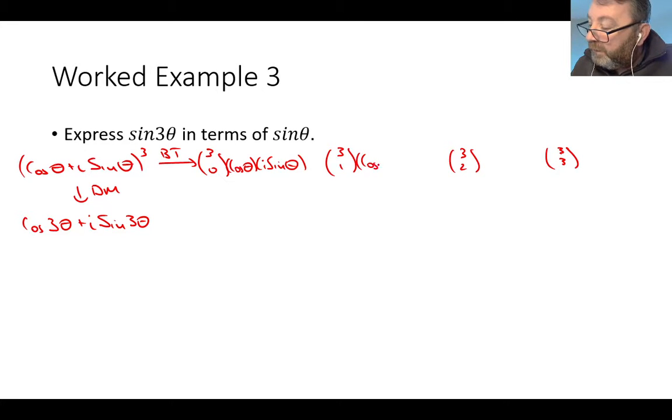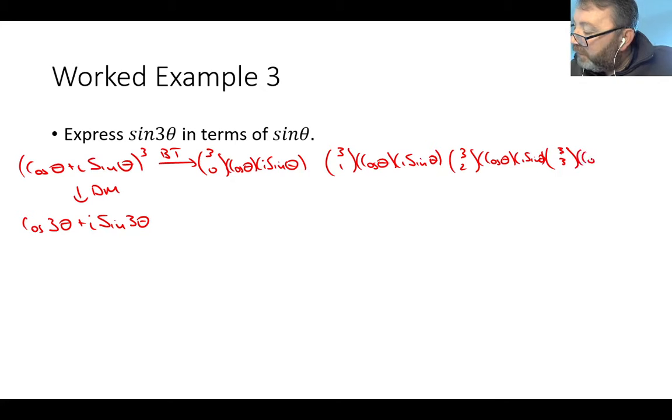So cos theta, i sine theta, cos theta, i sine theta, and cos theta, i sine theta. Anyway, that's the idea. And of course they're all being added to each other, these individual terms, the plus sign in there, and so on.